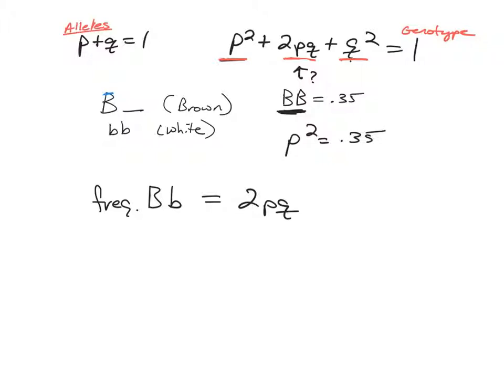I have p squared. If I take the square root of both sides, what do I have? I have p, because they cancel. The square root of a square is the number, right? And so what's the square root of 0.35? 0.59. And there's my p, one answer that I need.